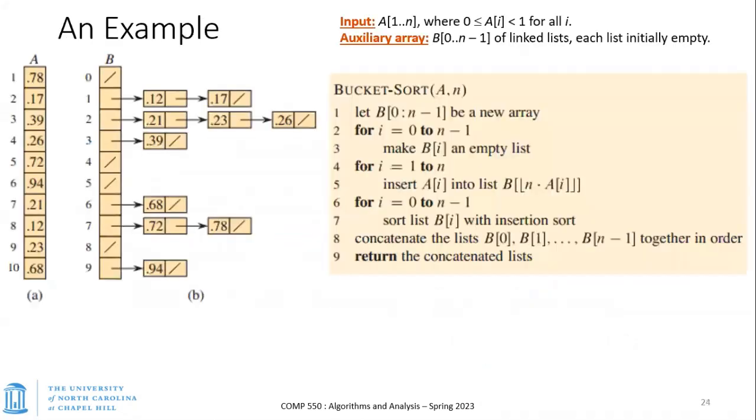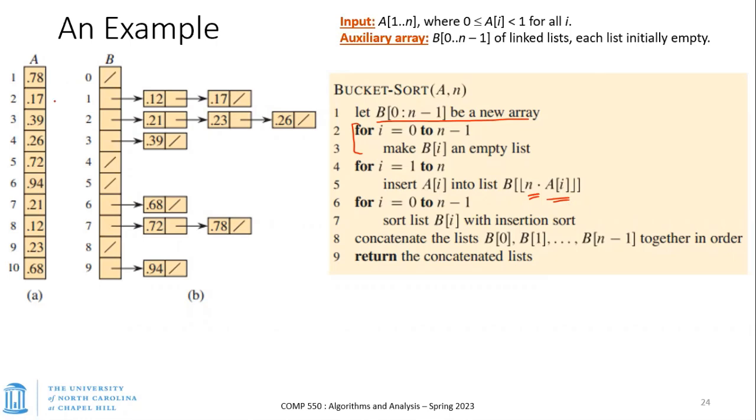Okay, and here's the actual algorithm. We're going to start off by making B. We're going to initialize it as a new array, and make it empty. And then we're going to take n and multiply it by the value of A[i]. In this particular case, it's fairly simple.